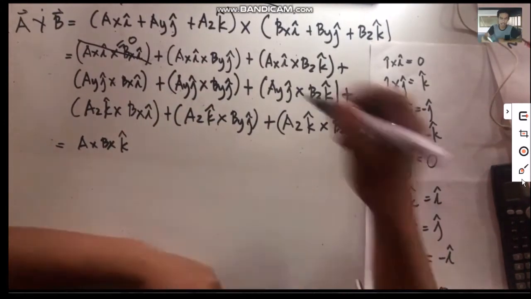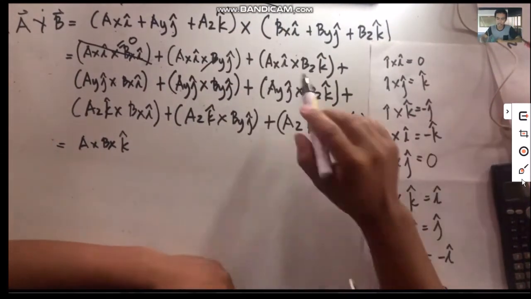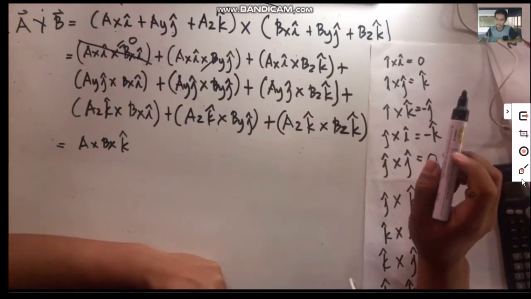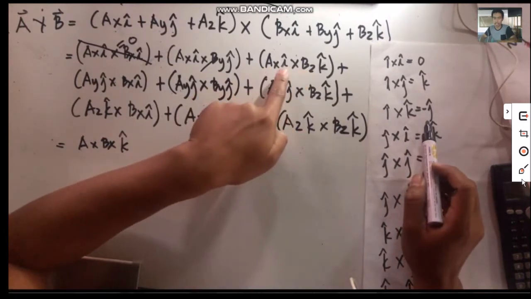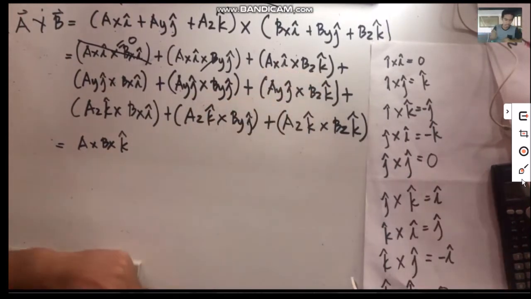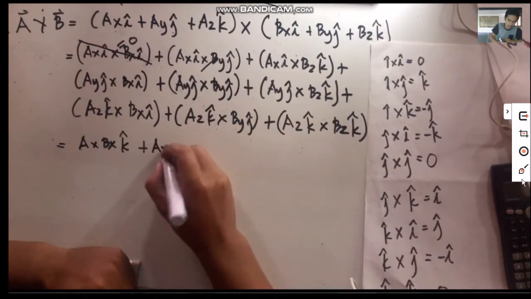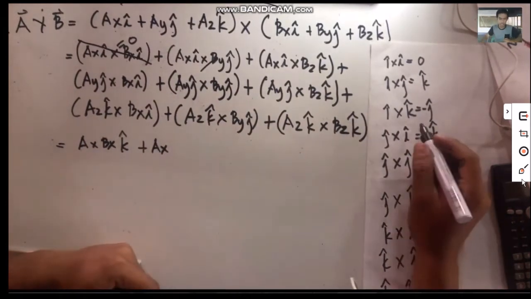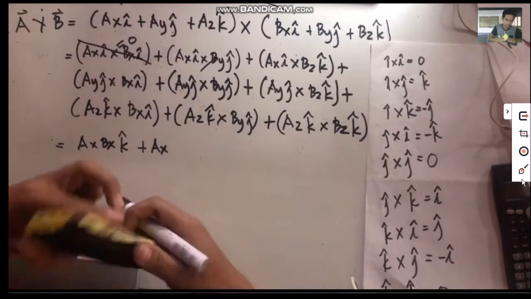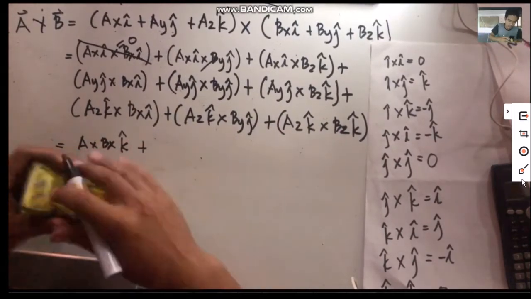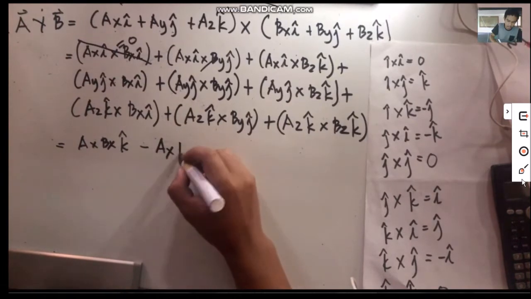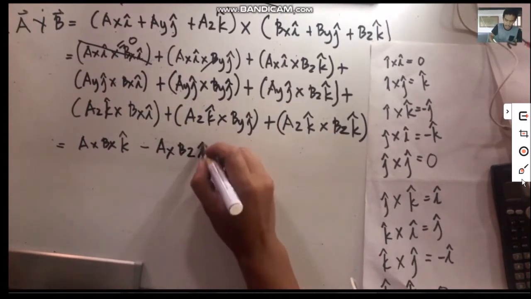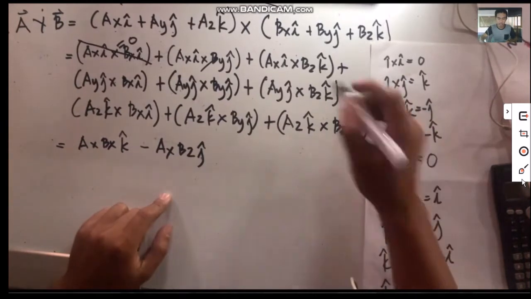Next, how about i hat cross k hat? I hat cross k hat is negative j hat. So Ax i hat cross Bz k hat is plus Ax, but since this is negative, we have minus Ax Bz j hat.